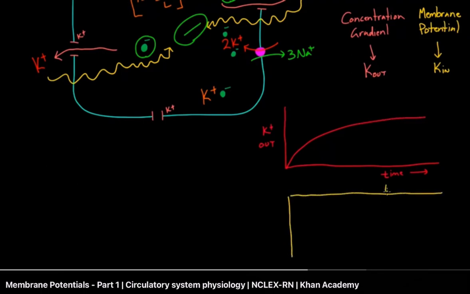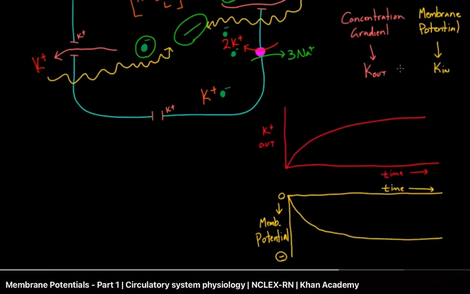And if we did the exact same thing with time on this axis, and let's say this is membrane potential, and this is also a negative axis, so this is going more and more negative this way, and we start at 0 for the membrane potential, at the point where you start letting the K wander out, you get something like this. Basically it looks the same, but is kind of a parallel of what's going on with the concentration gradient.